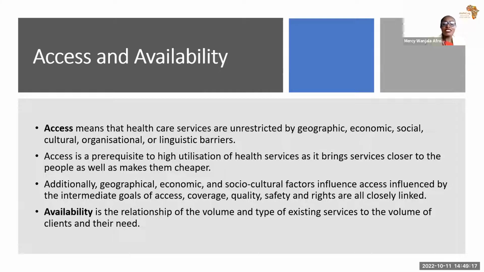Then in terms of availability, that talks about the volume and type of existing services relative to the volume of clients and their needs. So if, for example, people need family planning services, and then it's at the dispensary and you don't offer them, that is already a barrier to access. So availability can as well be a barrier to access. So think about, are these services available and should they be available?